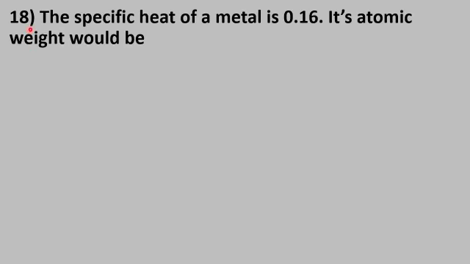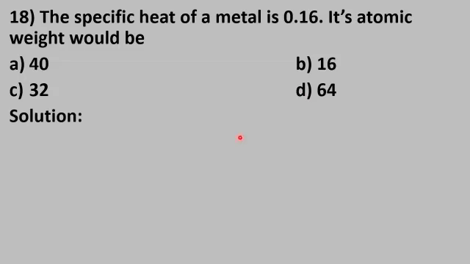Question number 18. The specific heat of a metal is 0.16. Its atomic weight would be dash. Option A 40, option B 16, option C 32, option D 64. Solution.